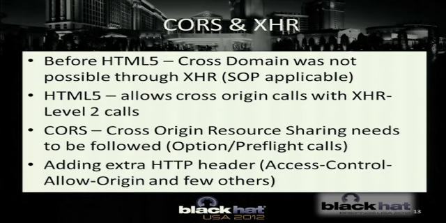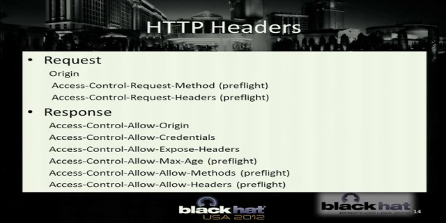It follows a cross-origin resource sharing policy where, before it starts sending the actual HTTP request, it negotiates and pre-flights whether that particular resource is allowing cross-origin or not. So the server side has control to pass on that. There are a few extra headers added, such as Access-Control-Allow-Origin and a few other headers, added in the HTTP request and response.